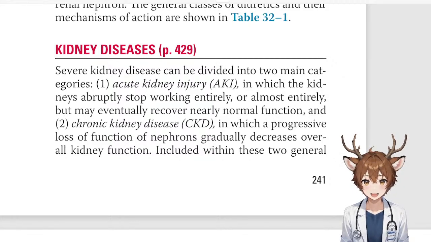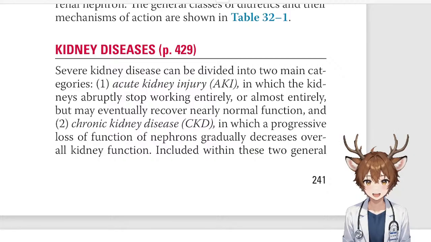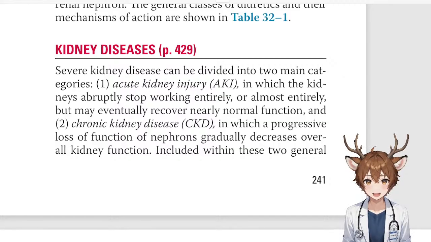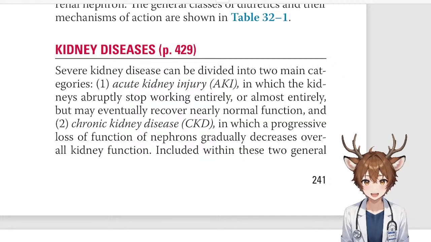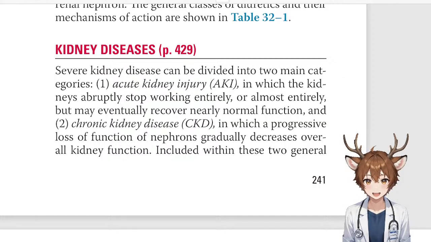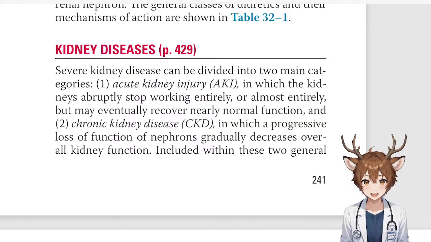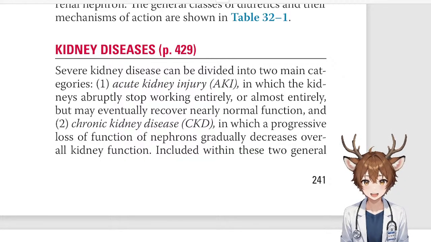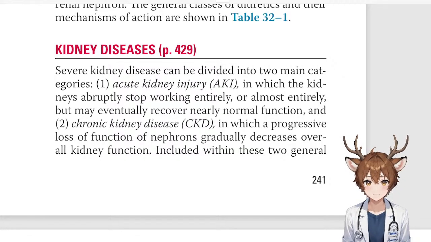Kidney diseases. Severe kidney diseases can be divided into two main categories. One, acute kidney injury, AKI, in which the kidneys abruptly stop working entirely or almost entirely, but may eventually recover nearly normal function. And two, chronic kidney disease, CKD, in which a progressive loss of function of nephrons gradually decreases overall kidney function.